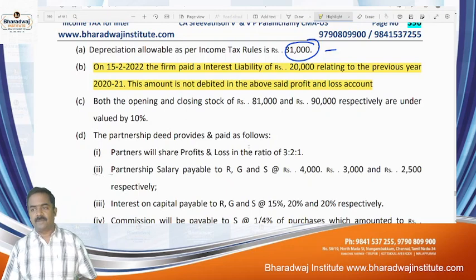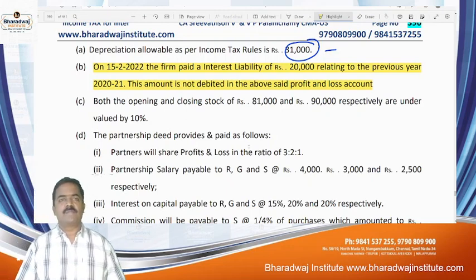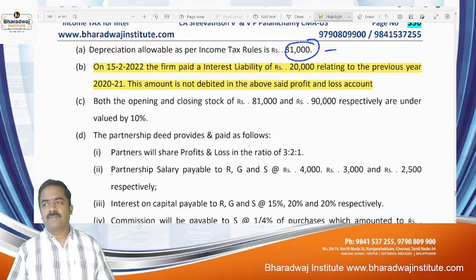Anything comes to your mind? Statutory payment, section 43B. Please go through the provisions of section 43B.